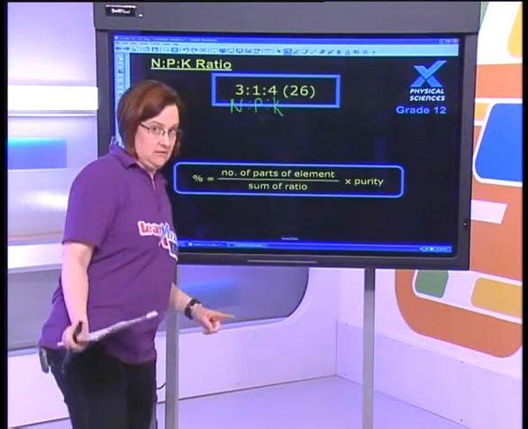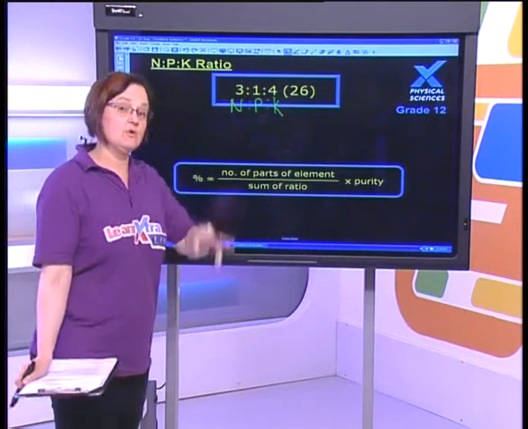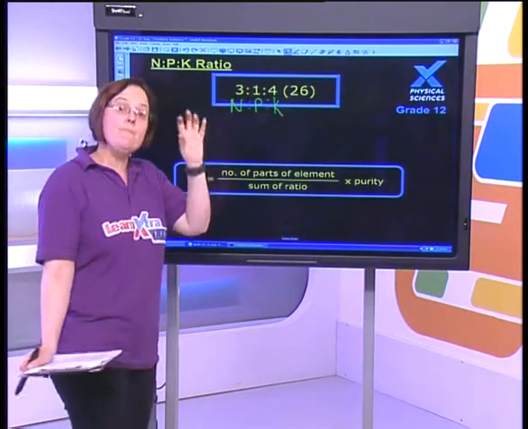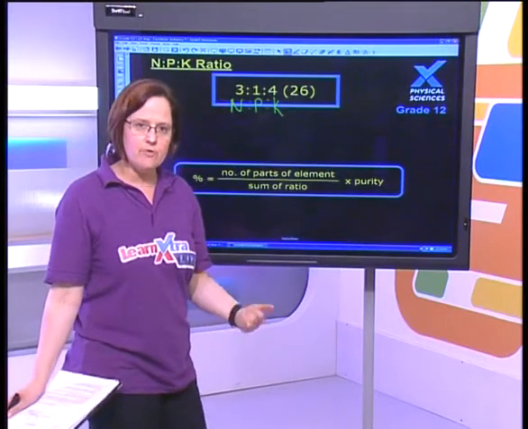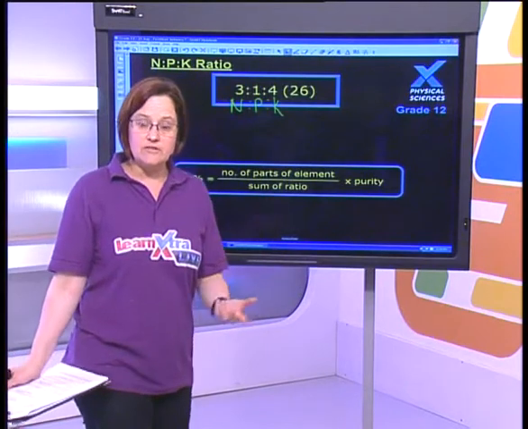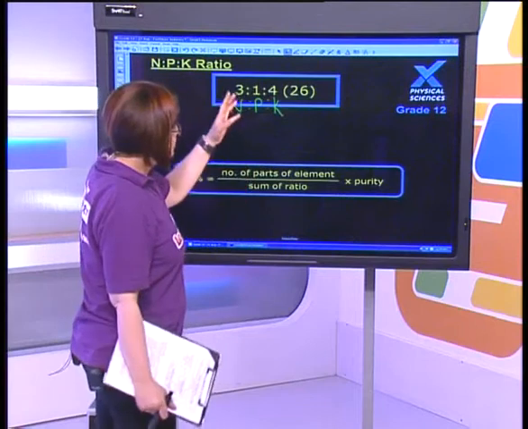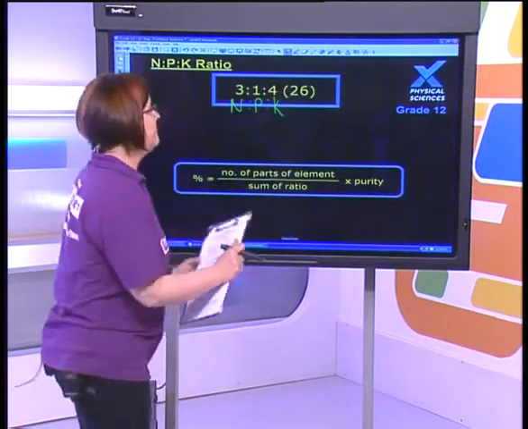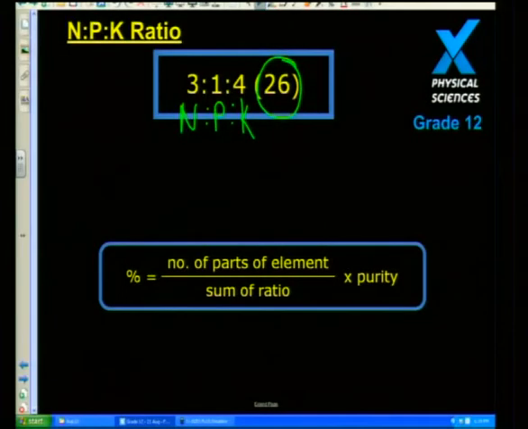This doesn't mean that I have nitrogen as an element, or phosphorus as an element, or potassium as an element. They are bonded within compounds like potassium chloride, ammonium phosphate, ammonium nitrate, ammonium sulfate. So it's bonded with a whole bunch of other stuff, which then gives us those 3. This number here tells me what percentage of the bag is the nitrogen, phosphorus, and potassium.